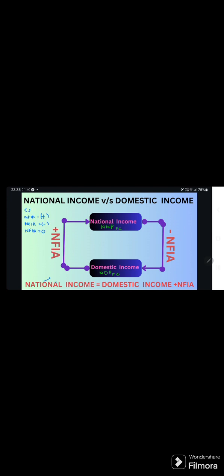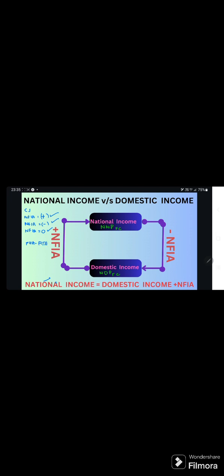So here also you have to remember three things: that net factor income from abroad can be positive, net factor income from abroad can be negative, and net factor income from abroad can also be 0. So in that case, just remember the formula FIFA minus FITA.